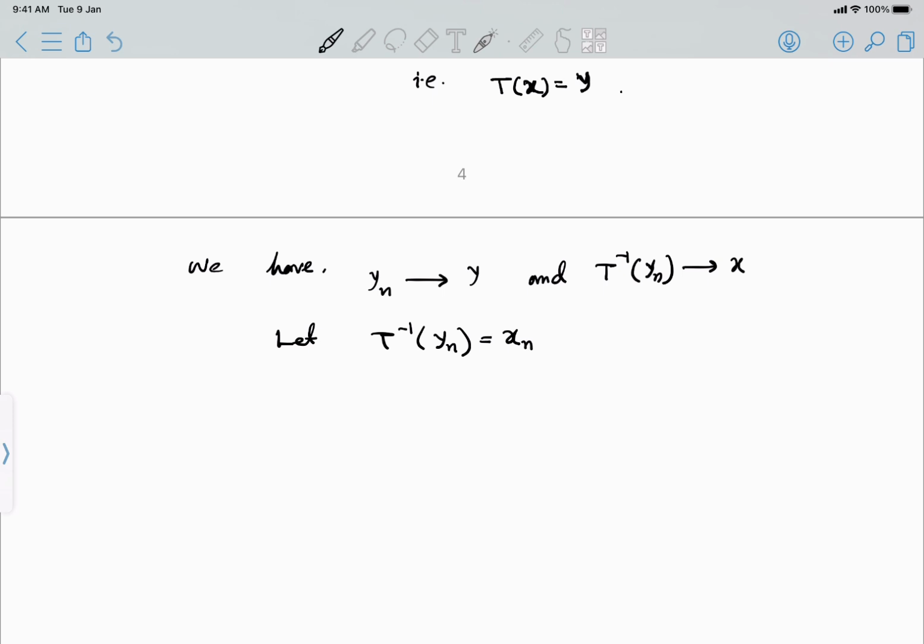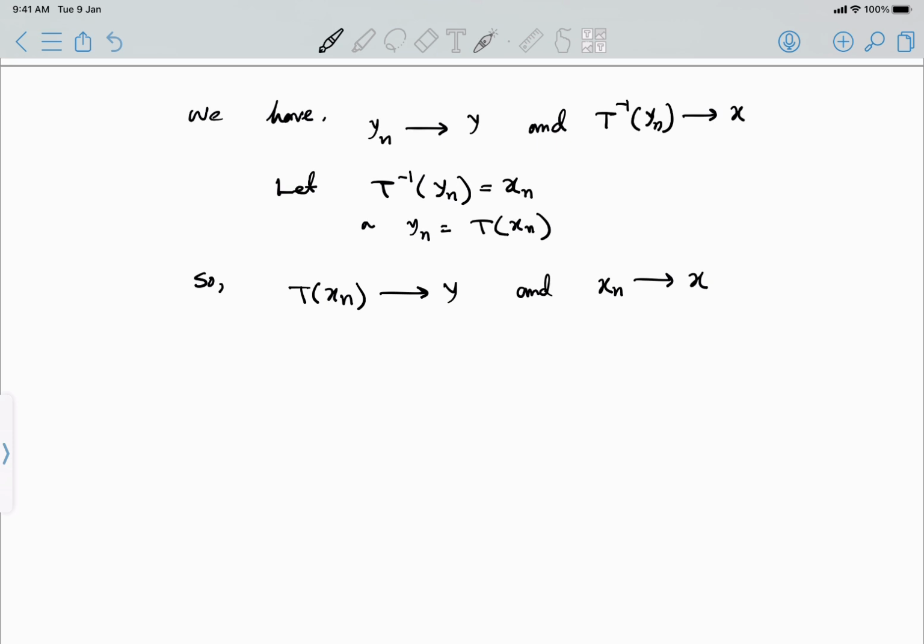xn means yn equals T of xn. So T of xn converges to y and xn converges to x. Now as the graph of T is closed, this is the definition of the closed graph, right?